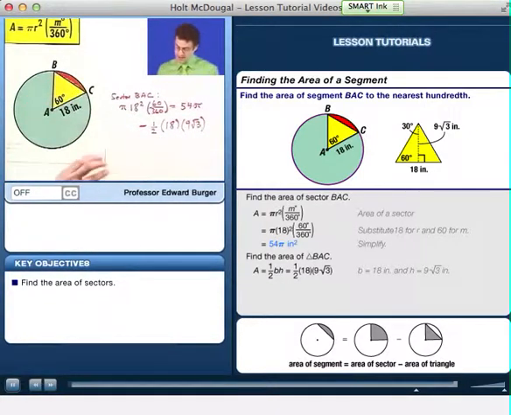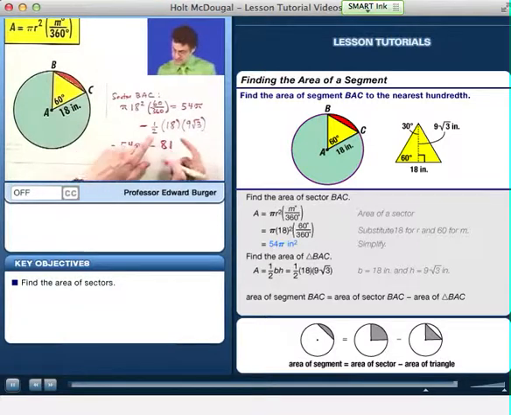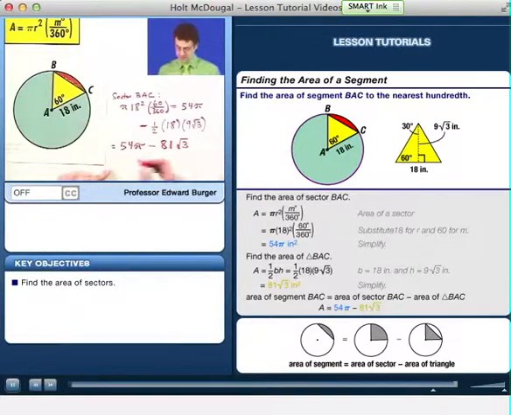So I see 54 pi minus, and this works out to be simply 81 square root of 3, because the 2 and the 18 give me a 9, and 9 times 9 is 81. That's the exact answer. If you want an approximate answer, you can put it in a calculator and see 29.35 inches squared.